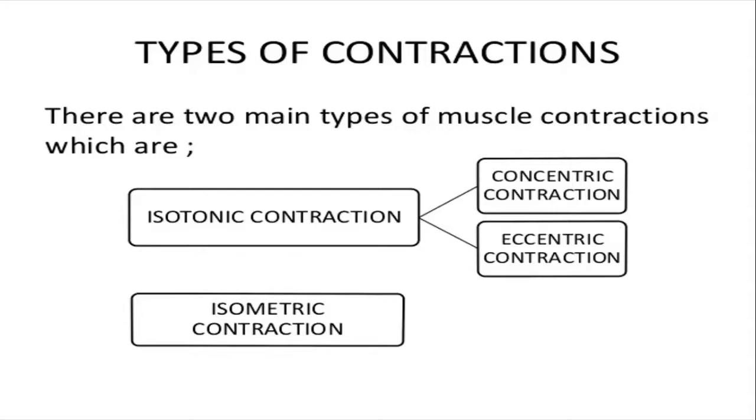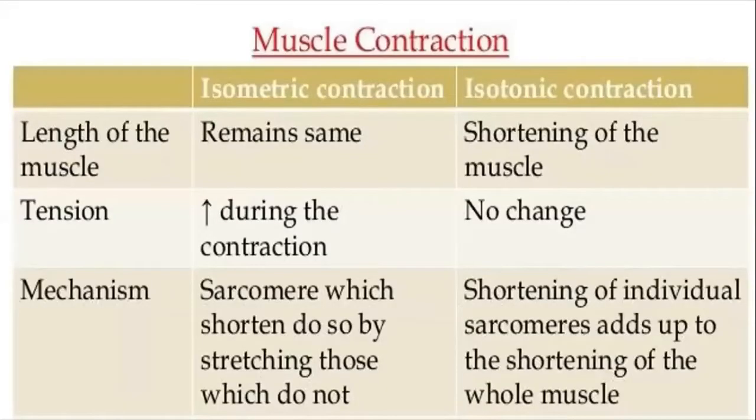In isometric contraction, the length of the muscle remains constant while the tension in the muscle changes. Now, isotonic contraction can be of two types. One is concentric contraction, another is eccentric contraction.